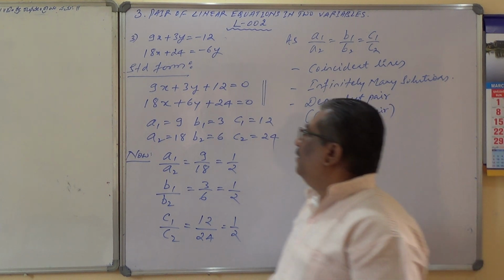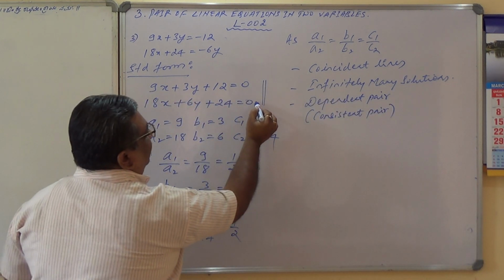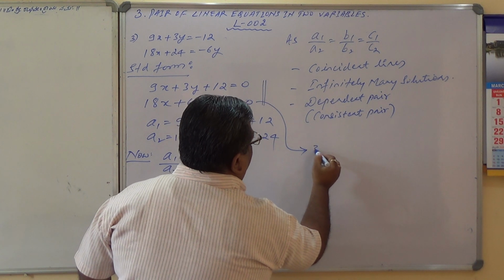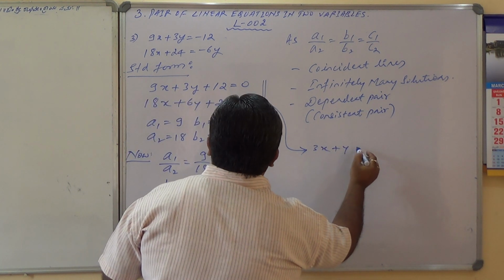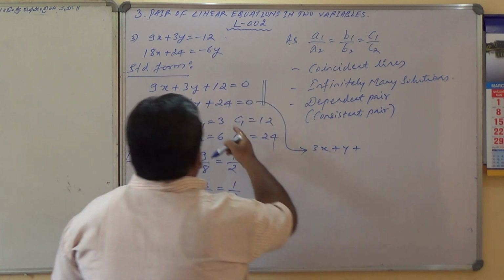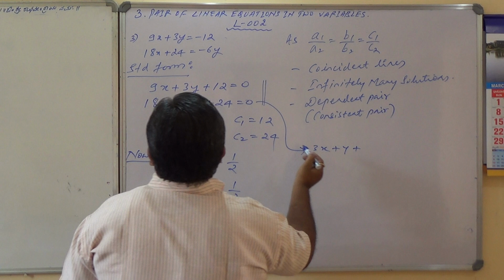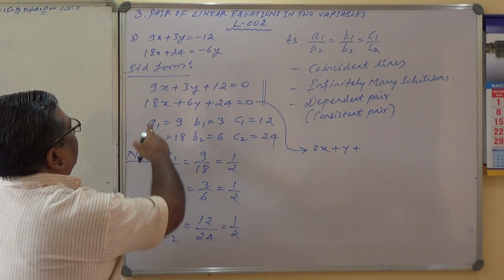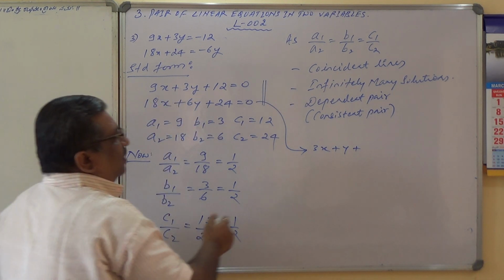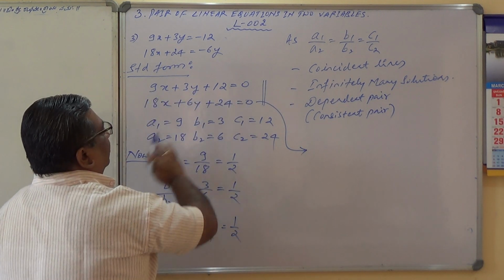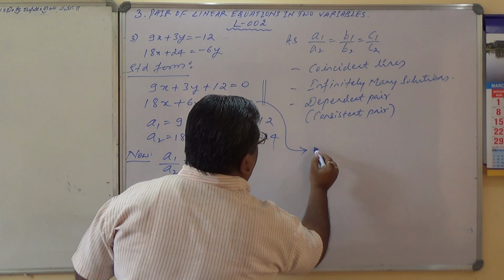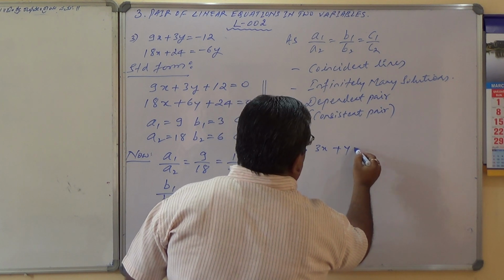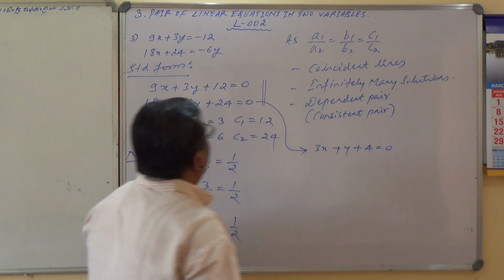If I take 6 as a common factor, 3x plus y plus 4 equals 0.